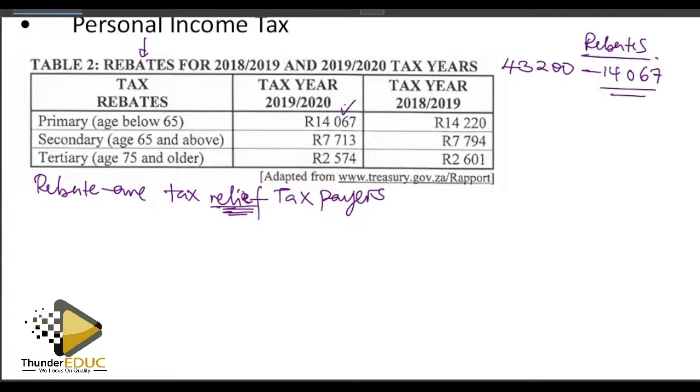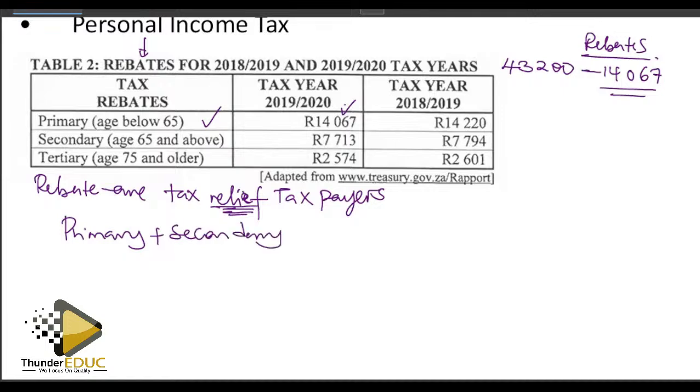Okay, now what is a rebate? Primary is for everyone. Whoever pays tax qualifies to have the primary rebate. But if the person goes beyond 65, that means now he qualifies for two. He qualifies for primary and he qualifies for the secondary.